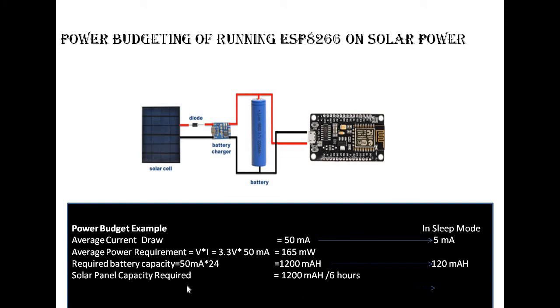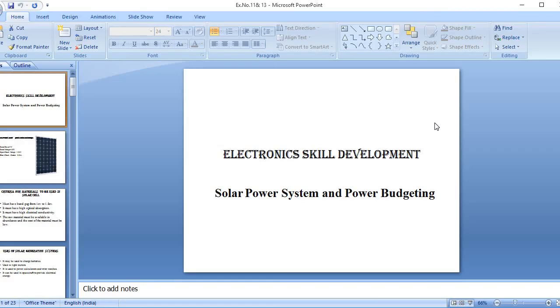Solar panel capacity required is 1200 milliampere hours per 6 hours, which is equal to 200 milliamperes current capacity plus or minus 20%. This is the tolerance we have to consider, and in sleep mode it is 20 milliamperes. Okay, so this is regarding the power budget of running the Wi-Fi module on solar power. Thank you.